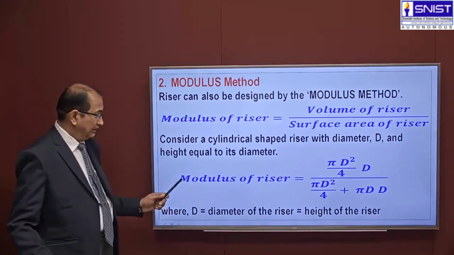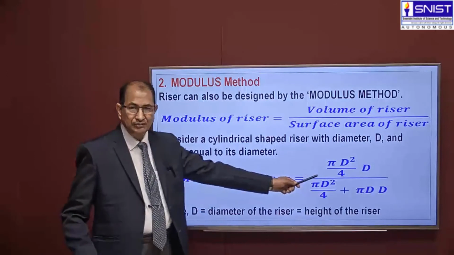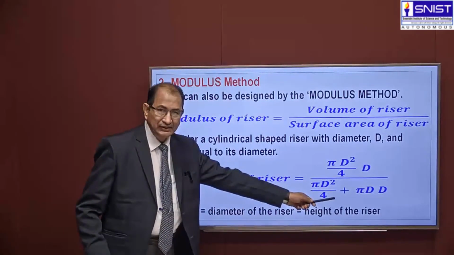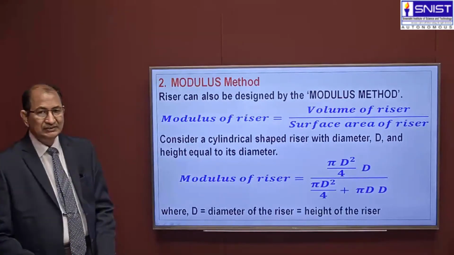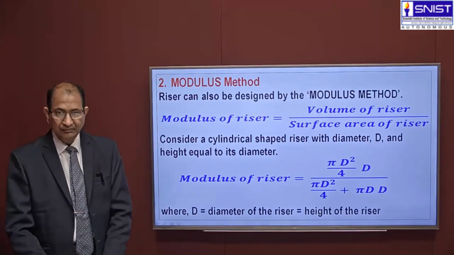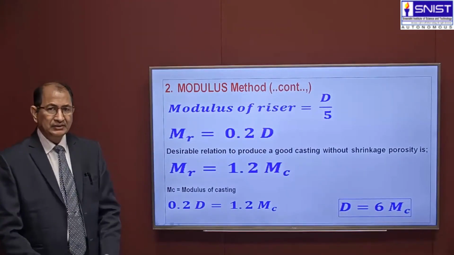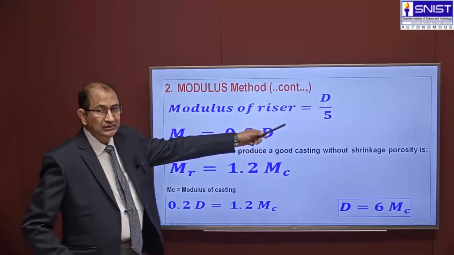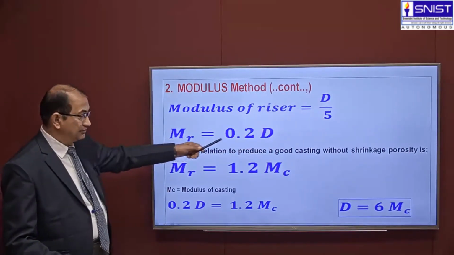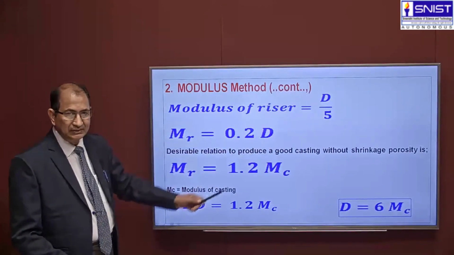So the modulus of the riser is given by (pi d squared by 4 times d) divided by (pi d squared by 4 plus pi d times d), where d is the diameter of the riser and also the height of the riser. The modulus of the riser reduces to d divided by 5, which is equal to 0.2d. We can write it like this.